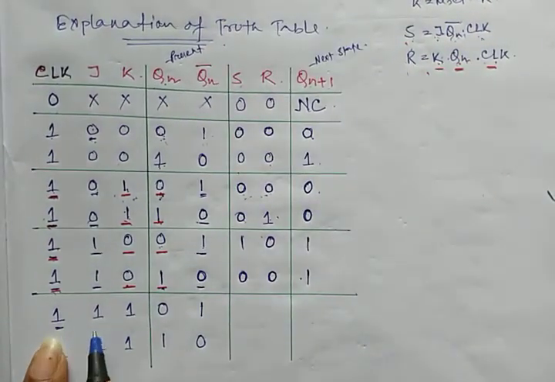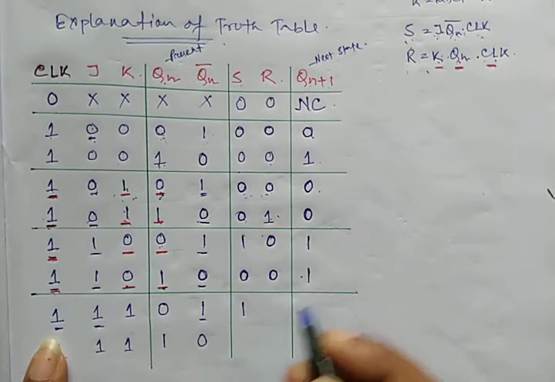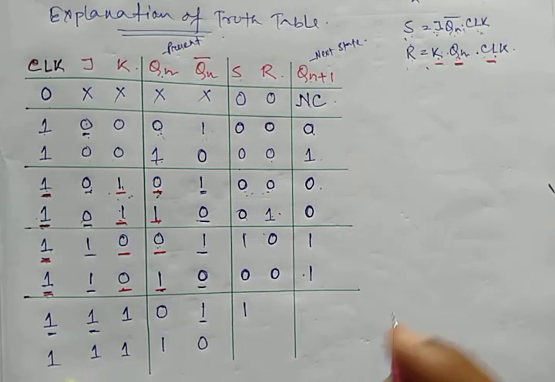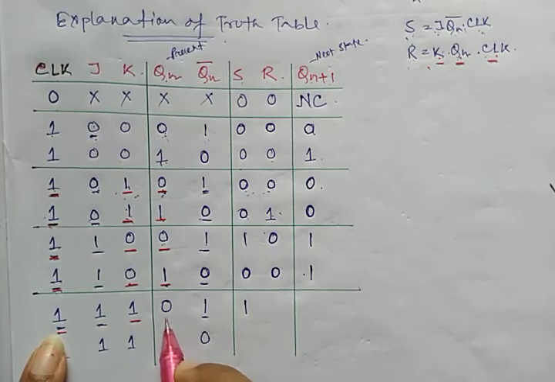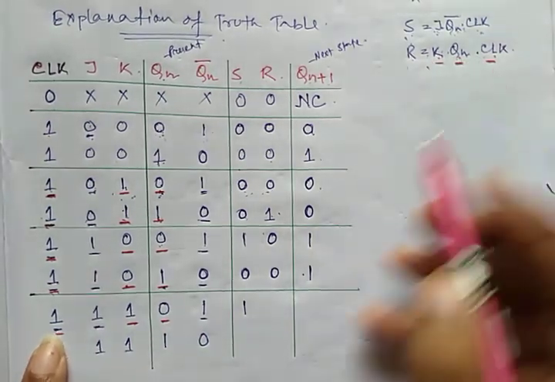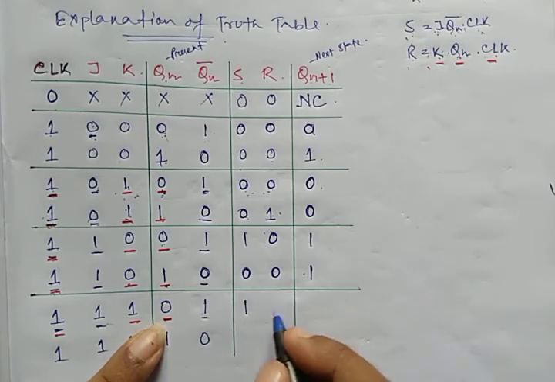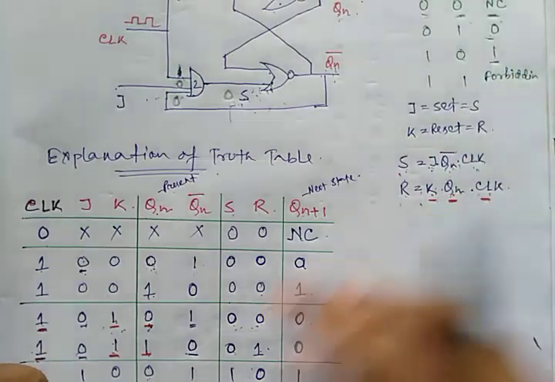Clock is 1, J is 1, Qn bar is 1. So S is 1 and R is clock, K, Qn for the R value. So here also one input signal is 0, so obviously output is 0. So 1 0 means 1.